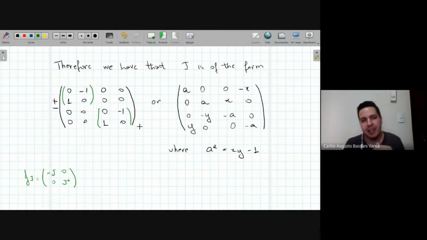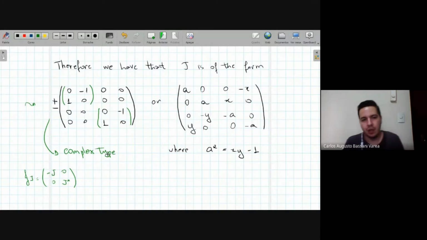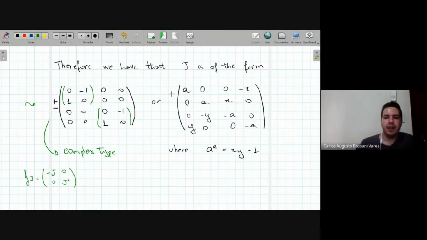Actually, this guy here comes from a complex structure, so I give this type of matrix the name complex type structure, because it comes from a complex structure. And this does not come from a complex structure, so it's called of non-complex type.